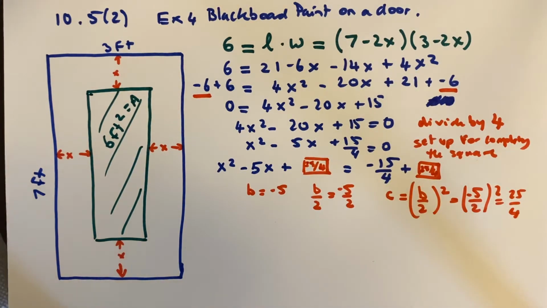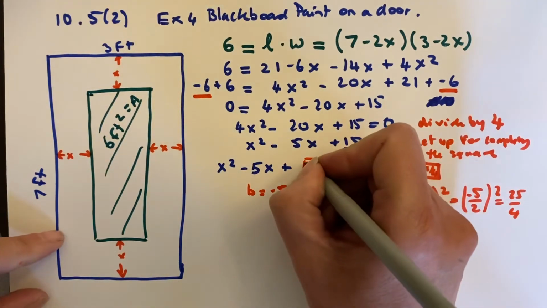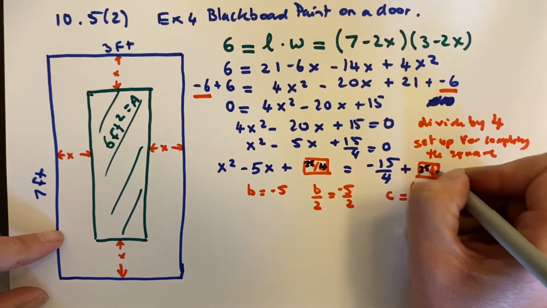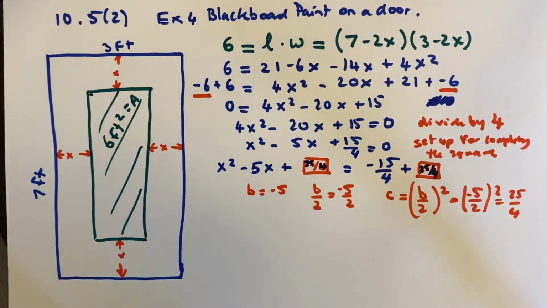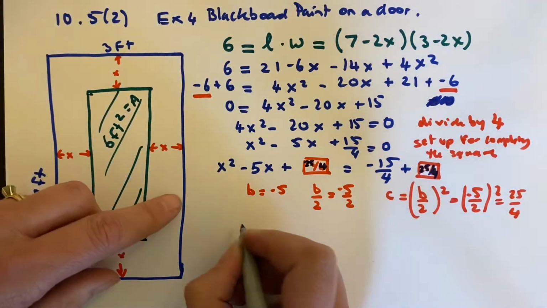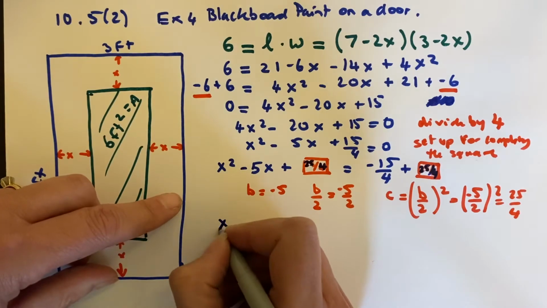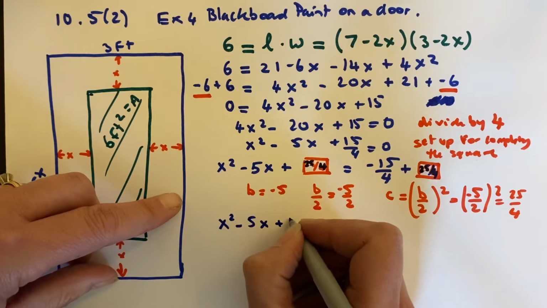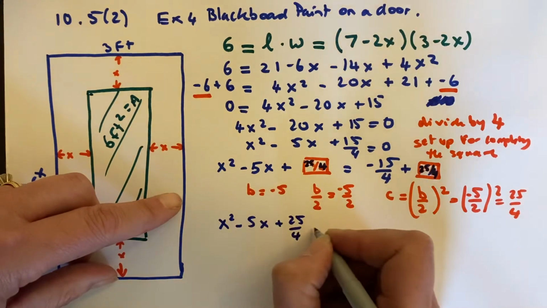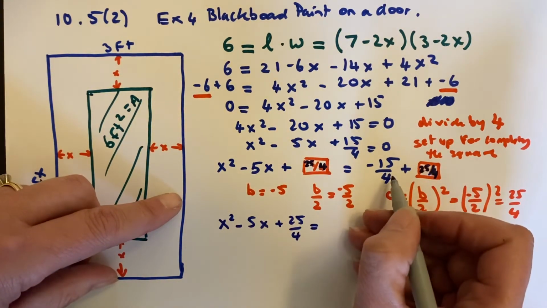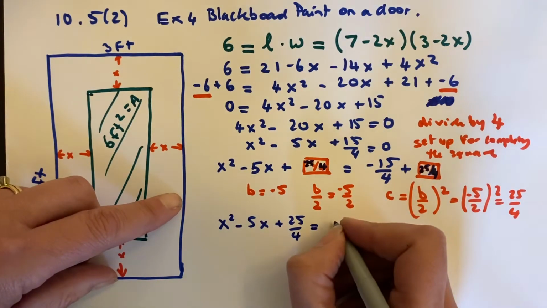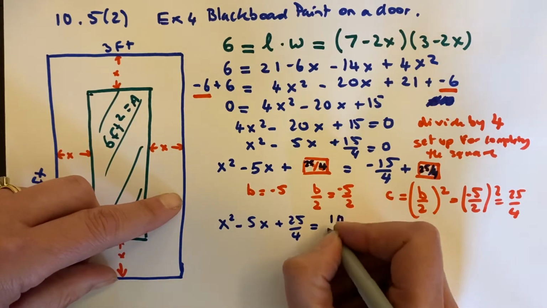That was a little more messy than I intended. That marker is thicker than I thought. So let me overlay it in blue so it's a little bit clearer. So now I have my equation, x squared minus 5x plus 25/4 equals, and if I have negative 15/4 plus 25/4, I'm going to end up with positive 10/4.